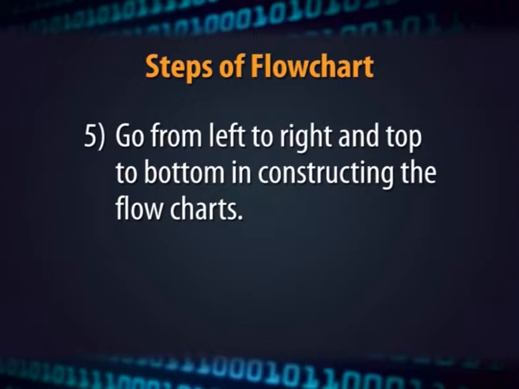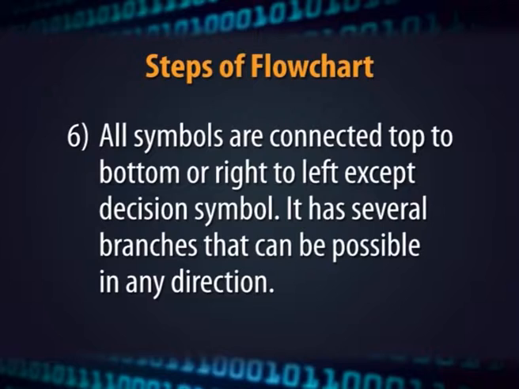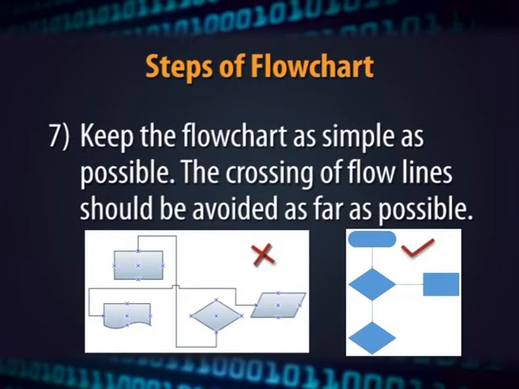Our fifth step is to go from left to right and top to bottom in constructing the flowchart. Our next step is that all symbols are connected top to bottom or left to right except the decision symbol. The decision symbol has several branches that can go in any direction. Keep the flowchart as simple as possible.